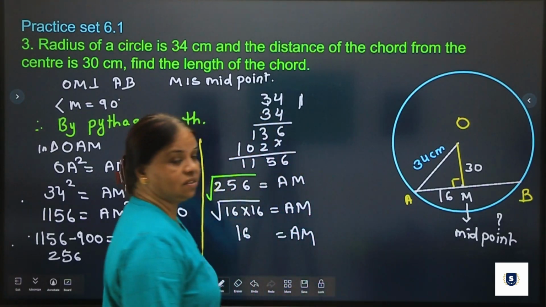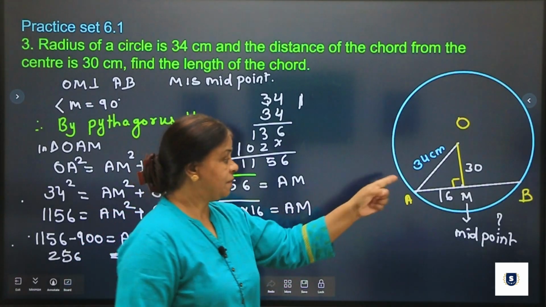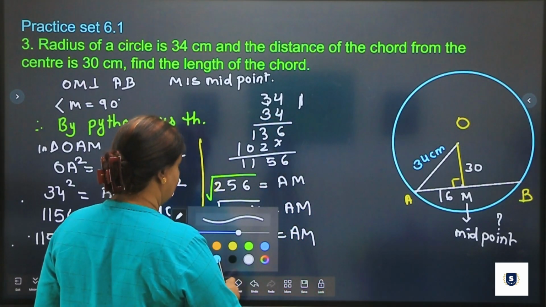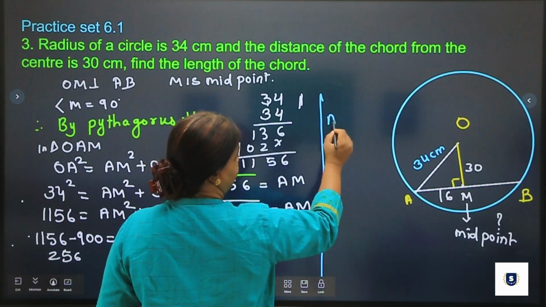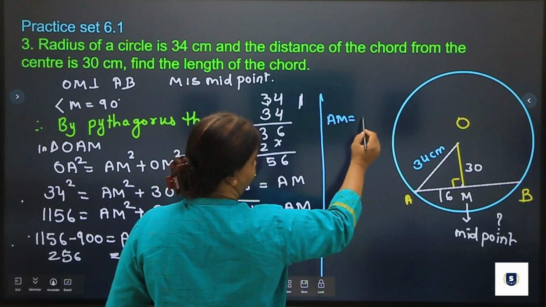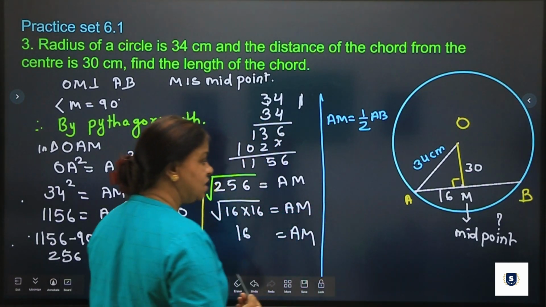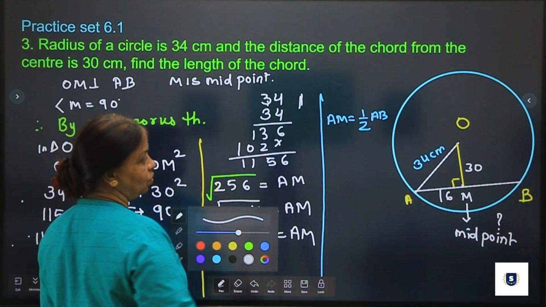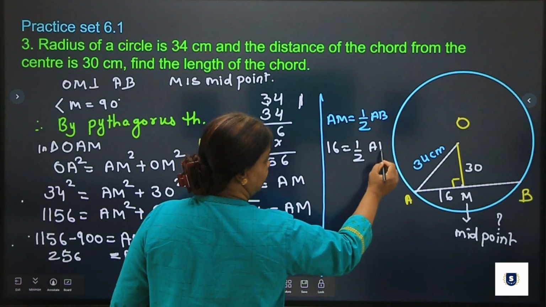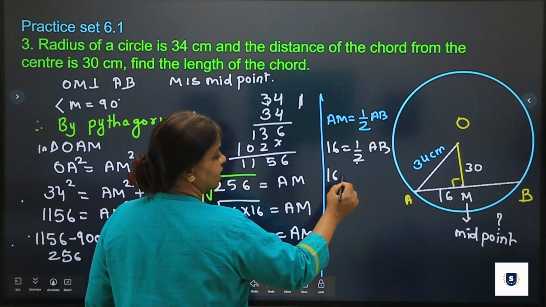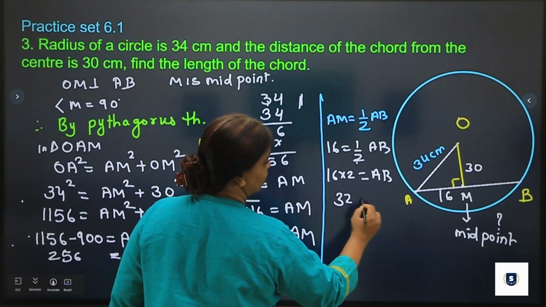If AM is 16, the AM is half of AB. Why? Because M is the midpoint. So AM is equal to half of AB, and therefore 16 is equal to half AB. 2 will go here, 16 into 2 is equal to AB. 32 is equal to AB.